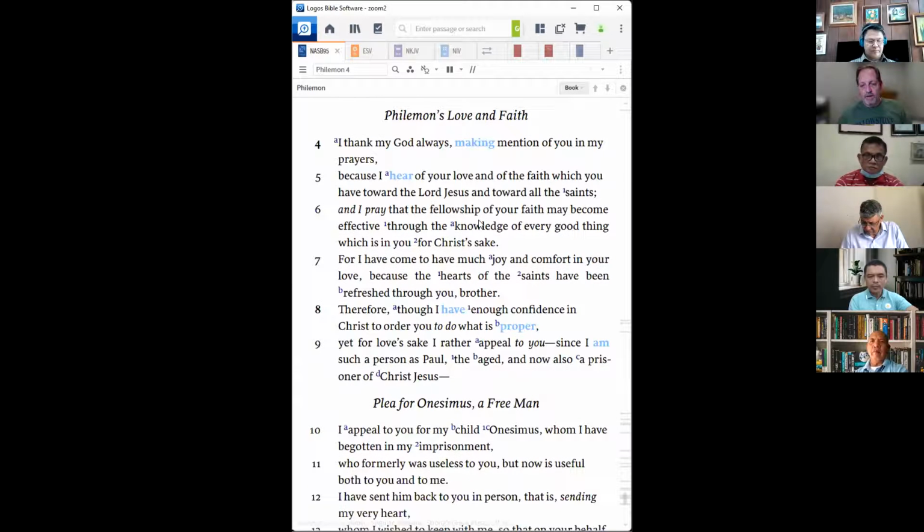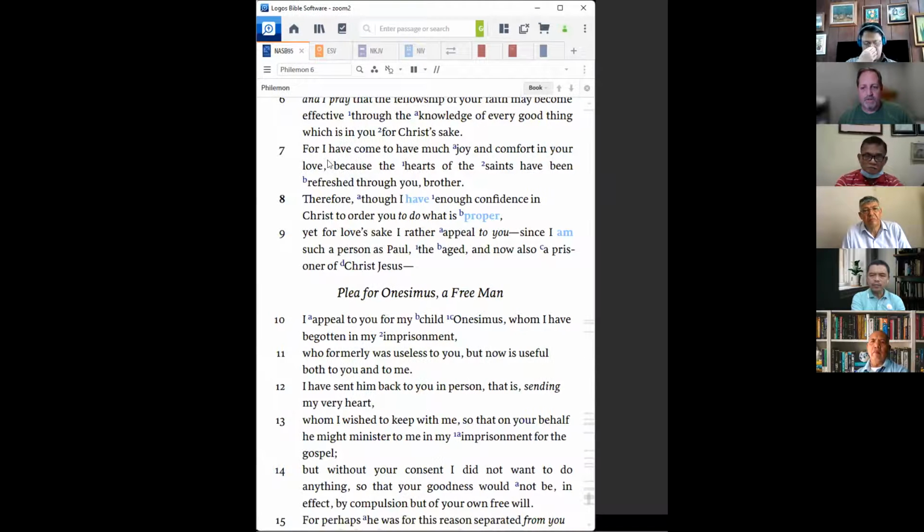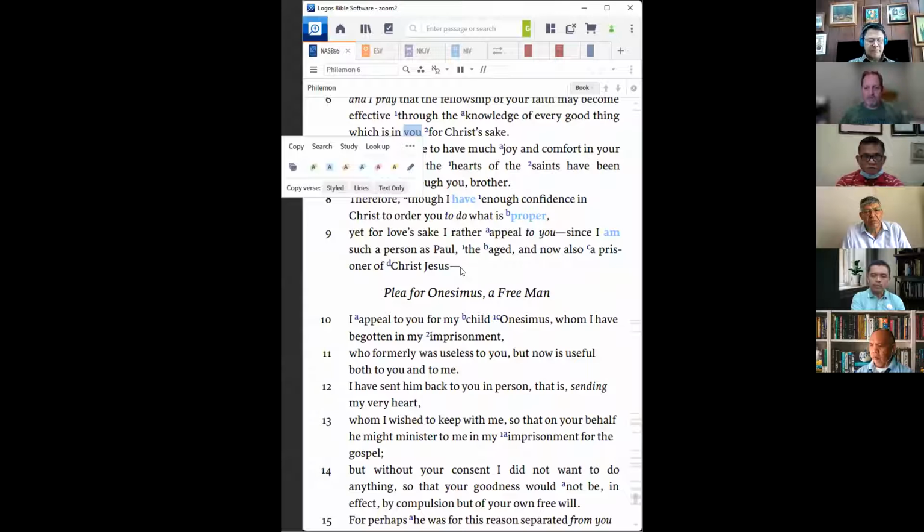And also, remember pronouns can be repeated. If we go back to verse 7, "I've come to have much joy and comfort in your love because the hearts of the saints have been refreshed through you, brother." So we know he's speaking to Philemon. And then the "you" in verse 8 refers to the "you" in verse 7, which refers to the "your" in verse 7, which goes back to the "you" in verse 6. So they kind of string along as well.